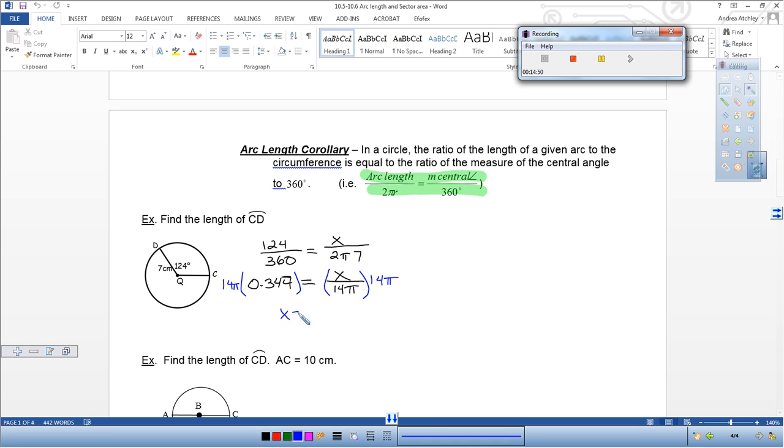And I'm going to get x equals 15.15. The length of this arc right here, BC, is 15.15. Any questions over that?